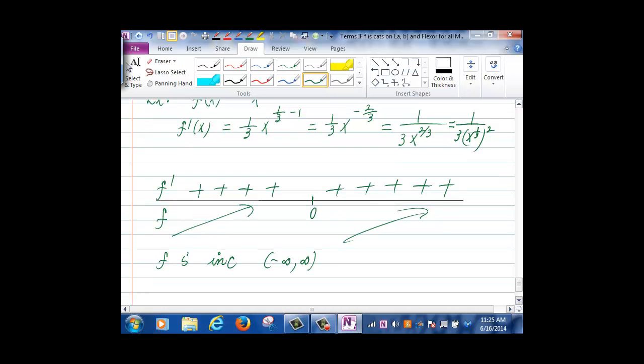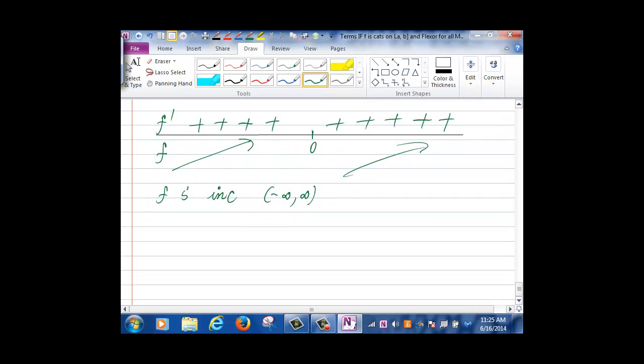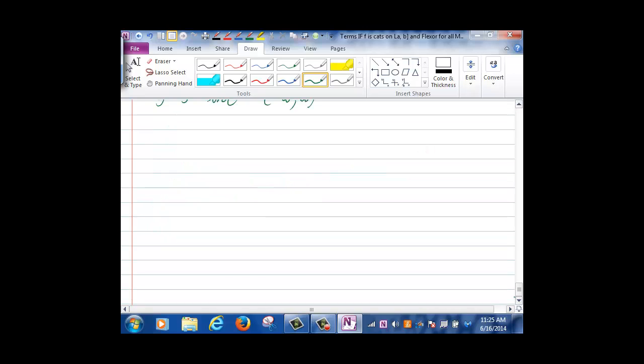Remember the graph of x to the 1/3. I think I gave you the graph before, right? Anyone remembers the graph? In this case, it looks like this, right?